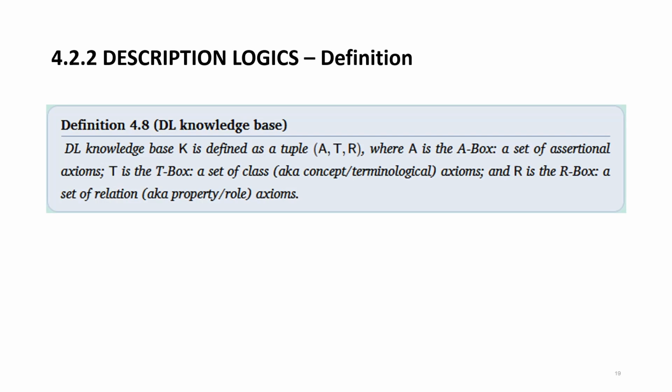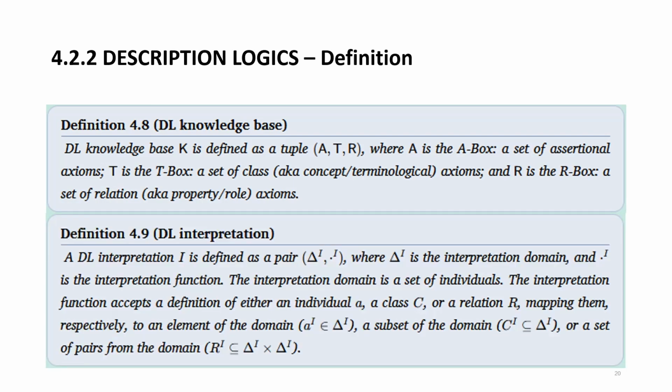A DL knowledge base K is defined by a tuple ATR, which is the A box, T box, and R box that we already discussed. And about interpretations, which were already discussed in this presentation, a DL interpretation I is defined as a pair of domain and functions.